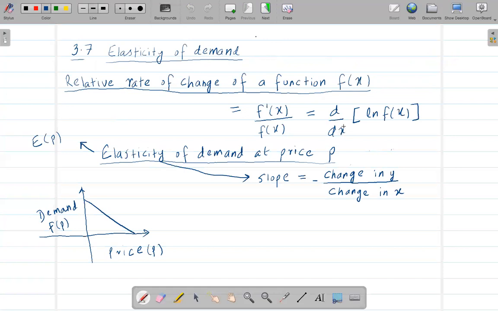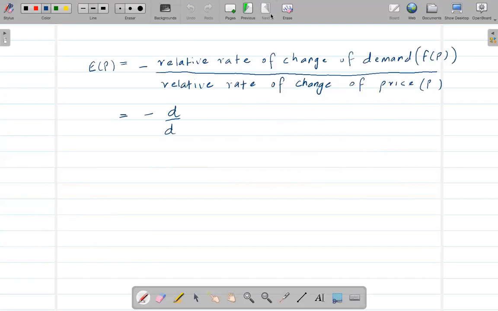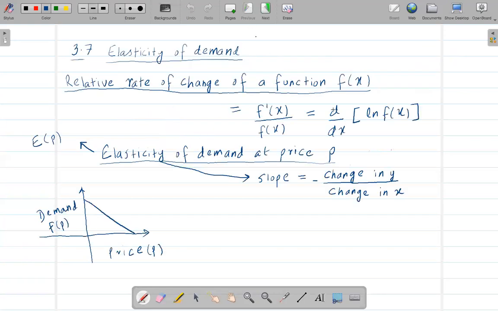So that's why I have a dx here. But here, since we have p, we're going to take the derivative in terms of p. So negative d over dp, and take the derivative of the natural log of f of p. All right, so the relative rate of change of demand is this.